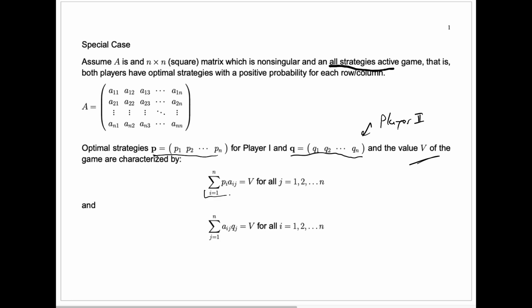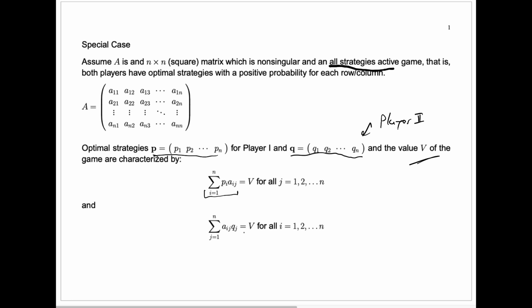This quantity is the expected return if player 1 plays this optimal strategy given by the vector P, and player 2 plays a particular column j. For each choice of j equals 1 to n, these are the different choices of the columns for player 2, player 1 expects the exact same thing. That's this principle of indifference: the exact same thing, the value of the game V, as the return.